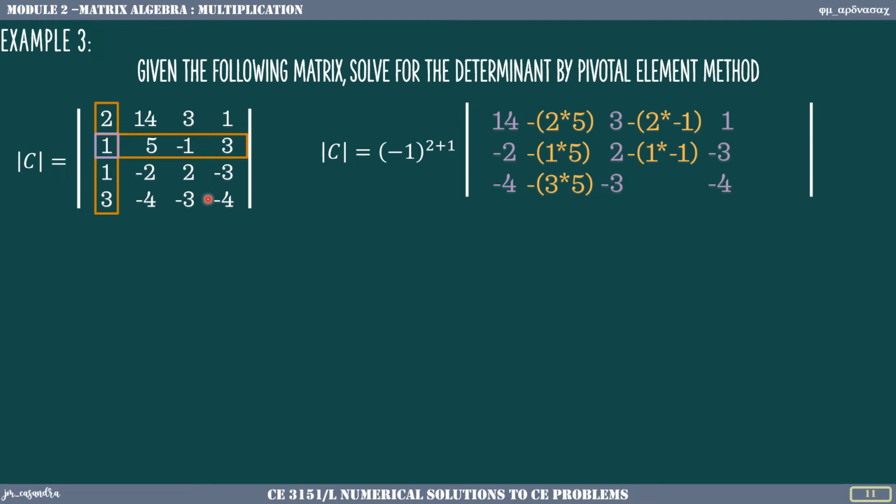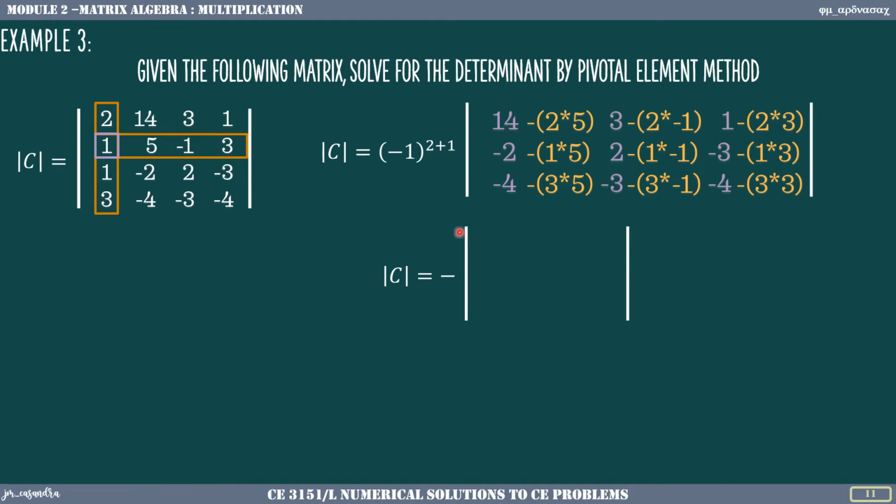This element will have minus 3 times negative 1. For this element, we will have minus 2 times 3. This element will have minus 3 times 1. This element will have minus 3 times 3. Okay, so simplifying, negative 1 raised to 3 is a negative value.